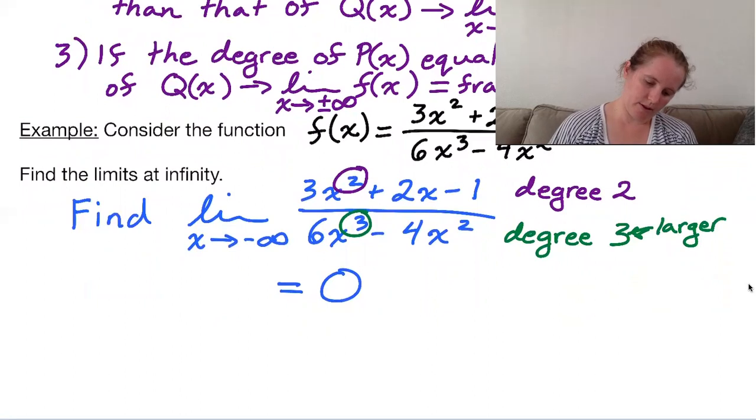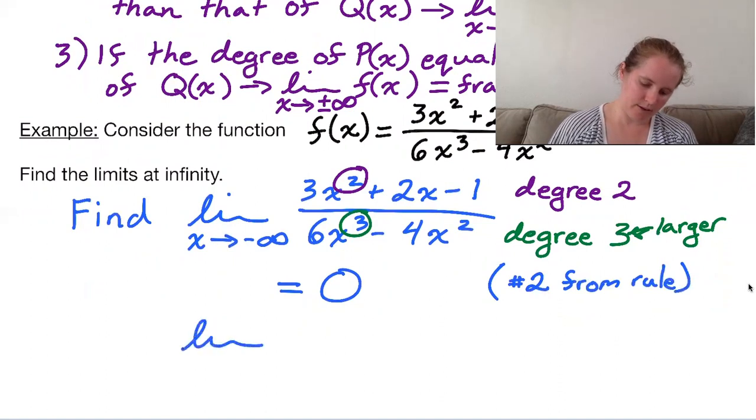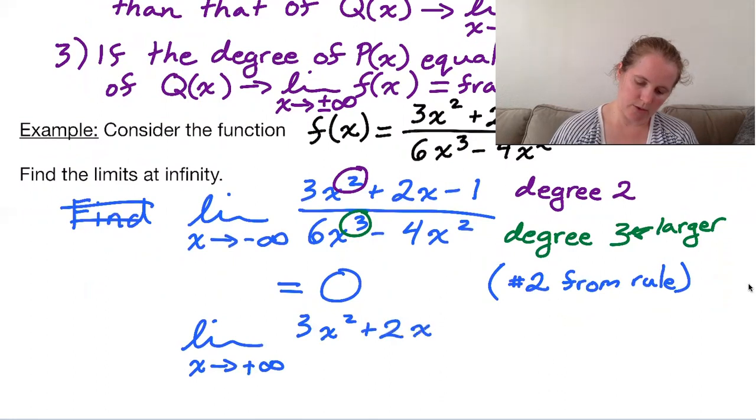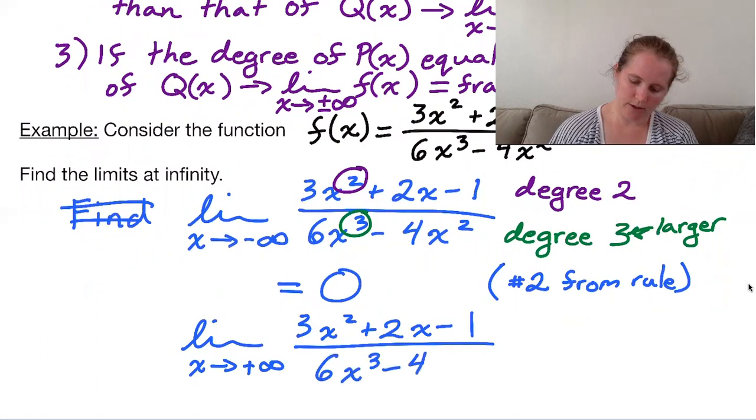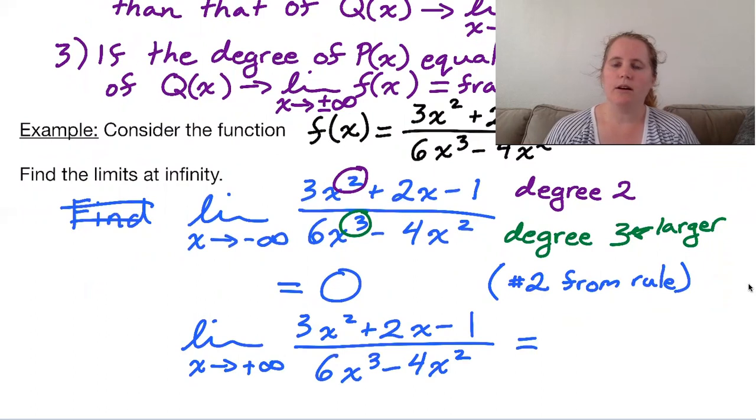So this is number 2 from our rule. Similarly, the limit as x goes to positive infinity of 3x squared plus 2x minus 1 over 6x cubed minus 4x squared is also equal to 0.